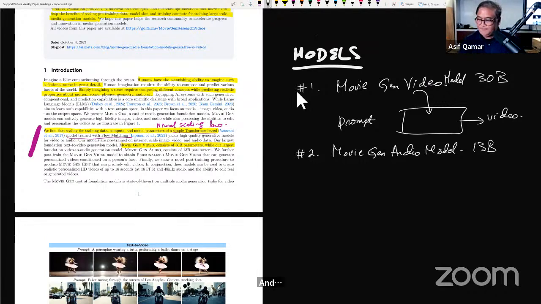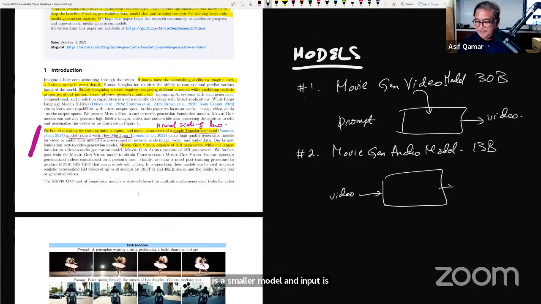This one is a smaller model, and the input into this is a video, and it will infuse it with audio. So it is a video to audio. Interestingly, a video to audio. What it means is it will look at the video frames and it will infer what is the sound that goes with it. Quite remarkable. It's a 13 billion parameter model. So this is number 2.